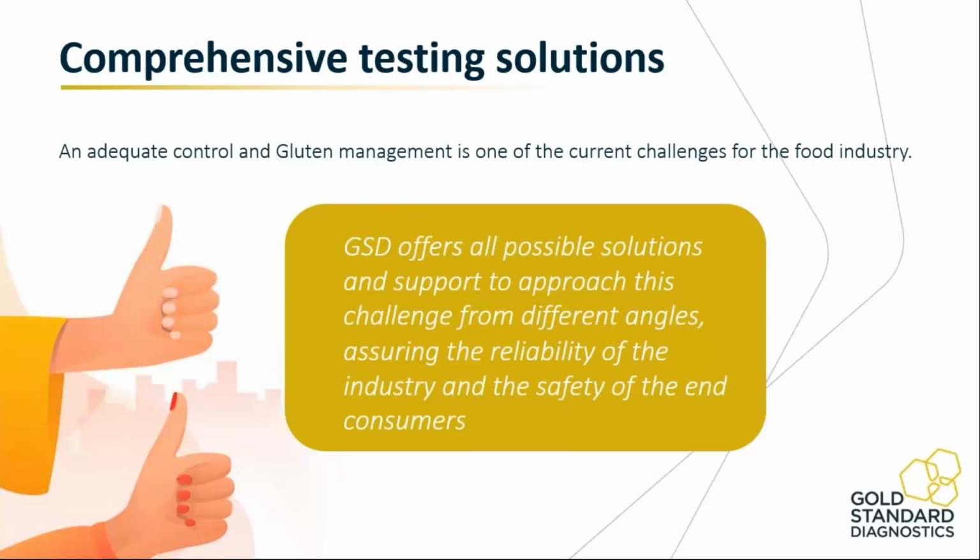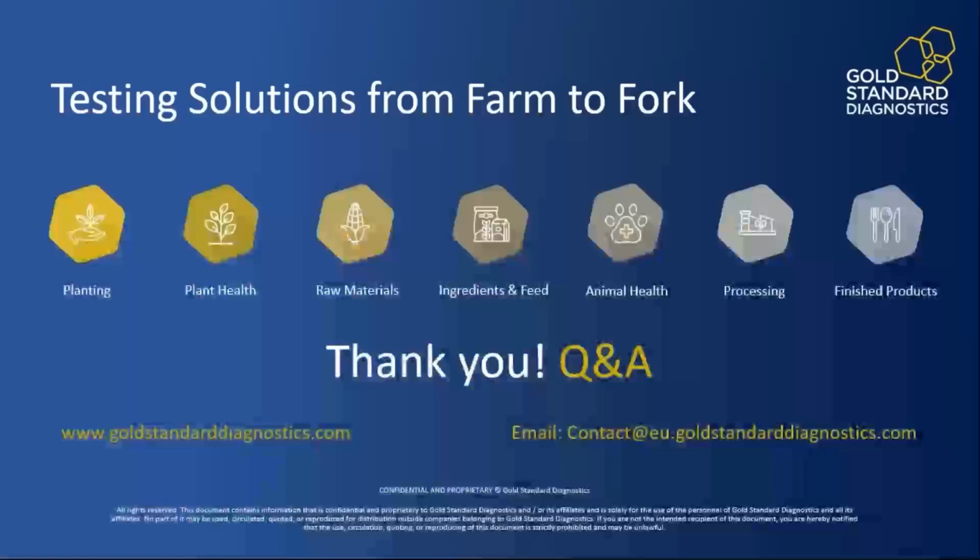And GSD offers all possible solutions and support to approach the challenge from different angles, assuring the reliability of the industry and, of course, the safety of the end consumer, which at the end is the aim that we are all looking for, right? The safety of the celiac patient in this case, but in general, the consumer. And with this, I would like to say to all of you, thank you so much.